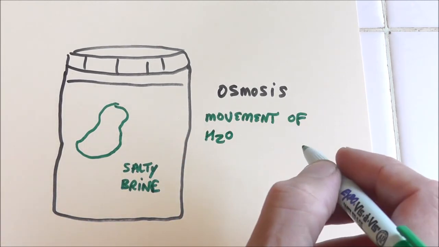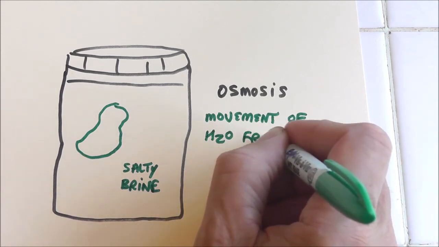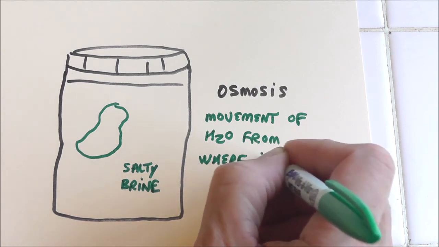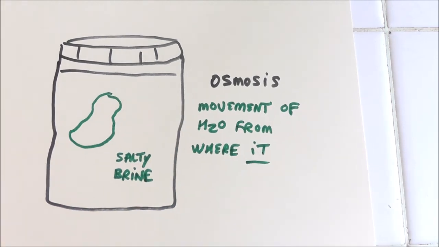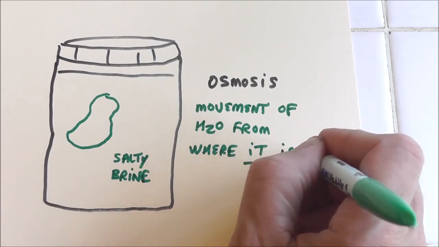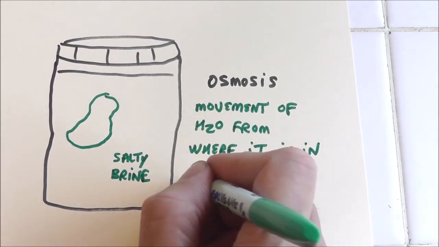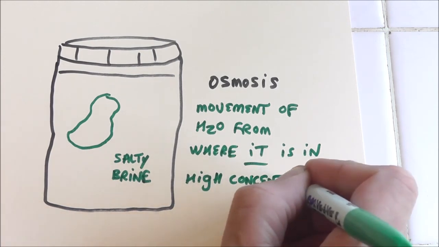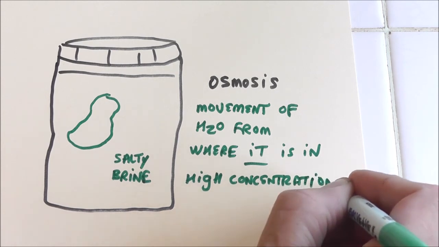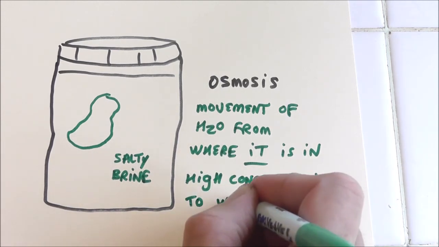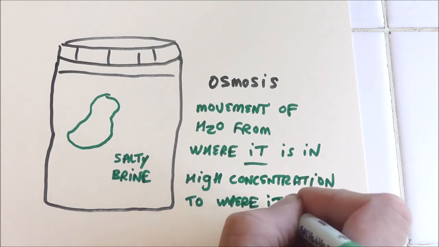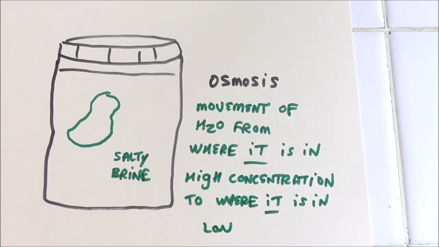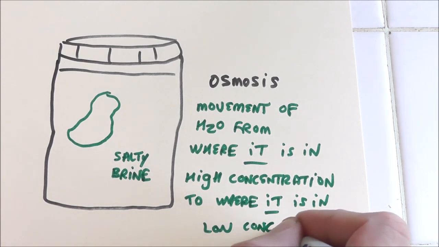But it's the movement of water from where I'm going to go ahead and underline it, is in, it's really kind of like diffusion, high concentration, to where I'm going to write it underlined again, is in low concentration. This makes sense to you, right?